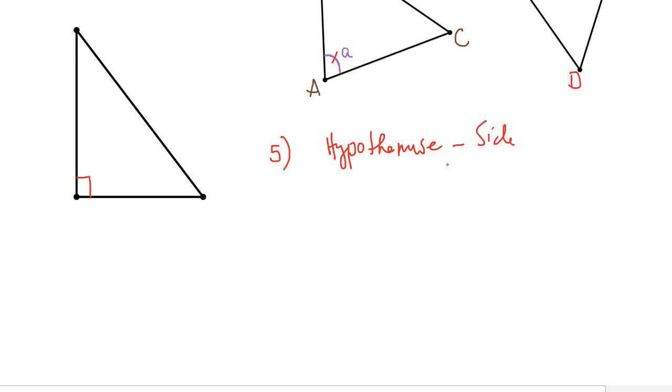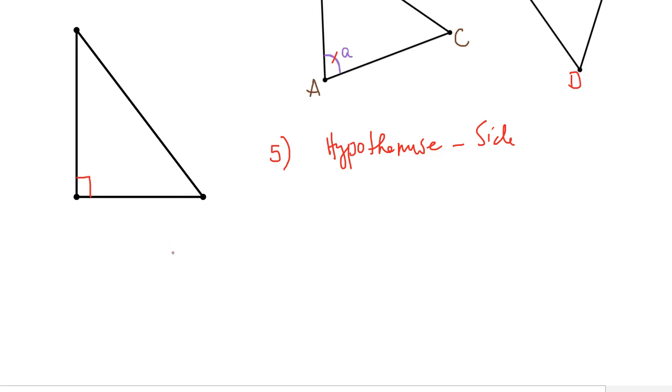So if you can find two right triangles with the same hypotenuse, and you can find a side that both triangles have with the same length, then you have a congruent triangle.